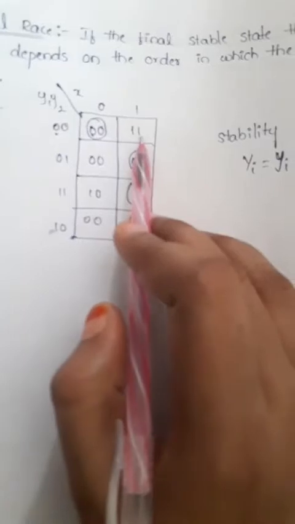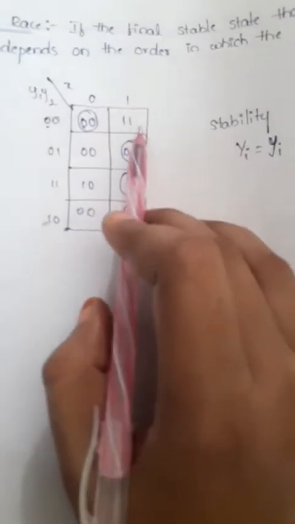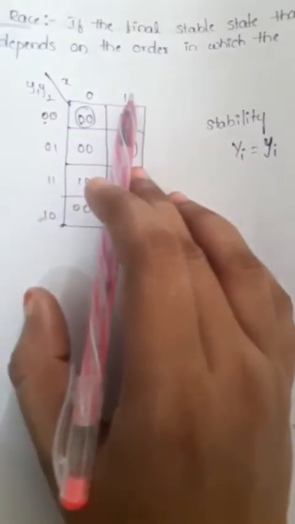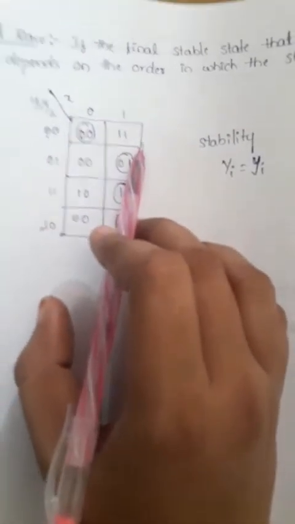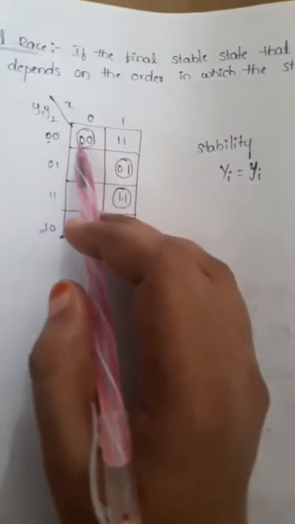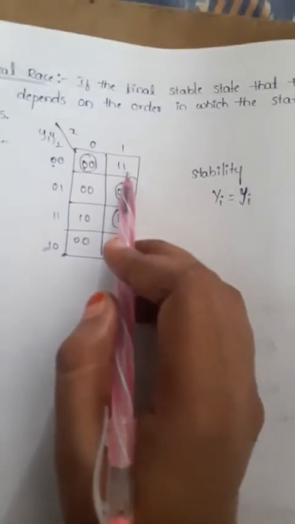If 2 bits are changed at a time, then a race possibility will be there, right? That is nothing but an adjacent input change. If it is a 2 variable change, then a race condition exists, right?